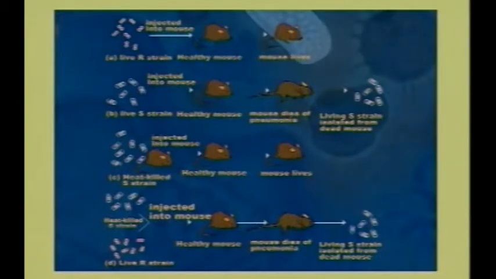Following this, he mixed heat-killed S cells, which are non-pathogenic, with the live R cells and injected the mixture into mice. Although neither of these two was pathogenic individually, mice injected with the mixture developed pneumonia and died.